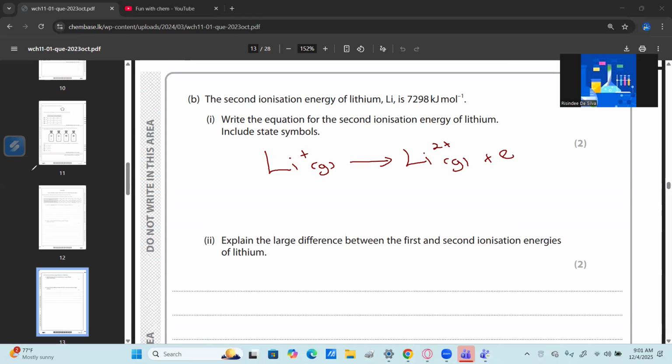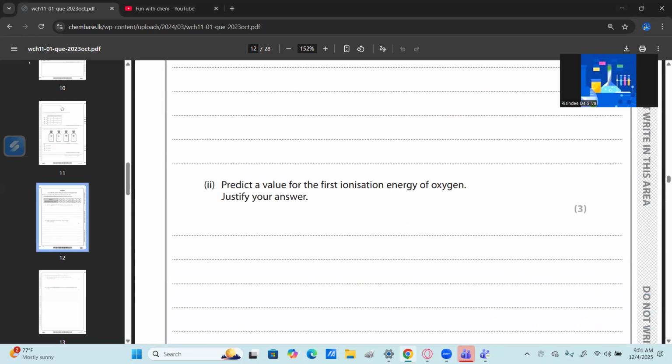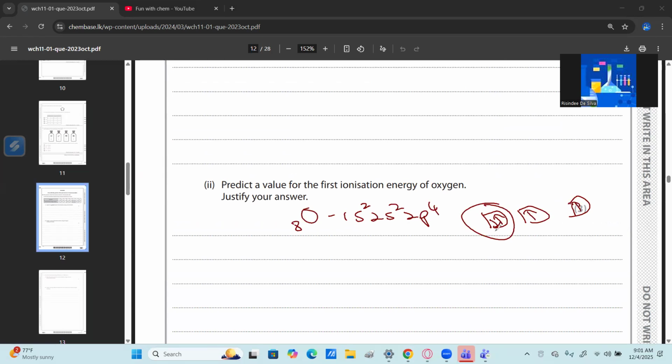So children, in the previous one, after writing the ionisation value, you have to justify your answer. So if you take oxygen, right, we know oxygen is 8, 1s2, 2s2, 2p4. So if you take the p subshell, 1, 2, 3, 4, it has a paired orbital. So when you have paired orbital, there are repulsions between the electrons.